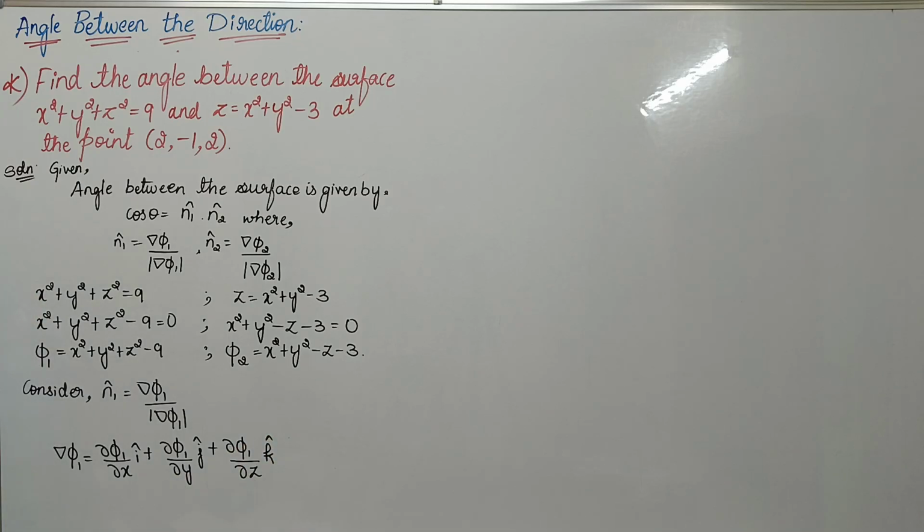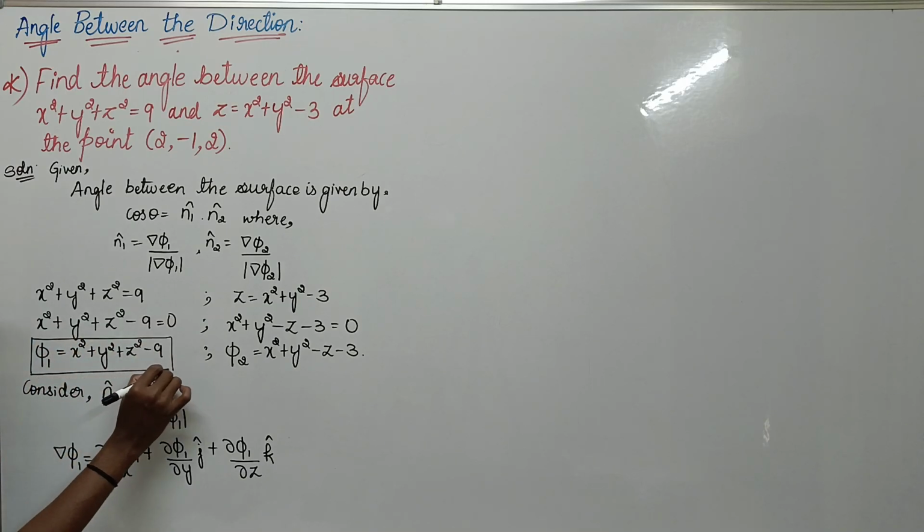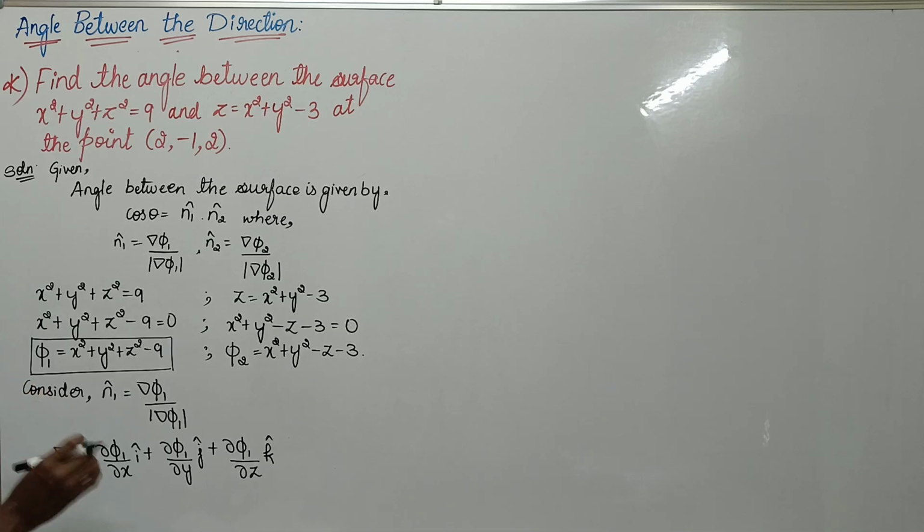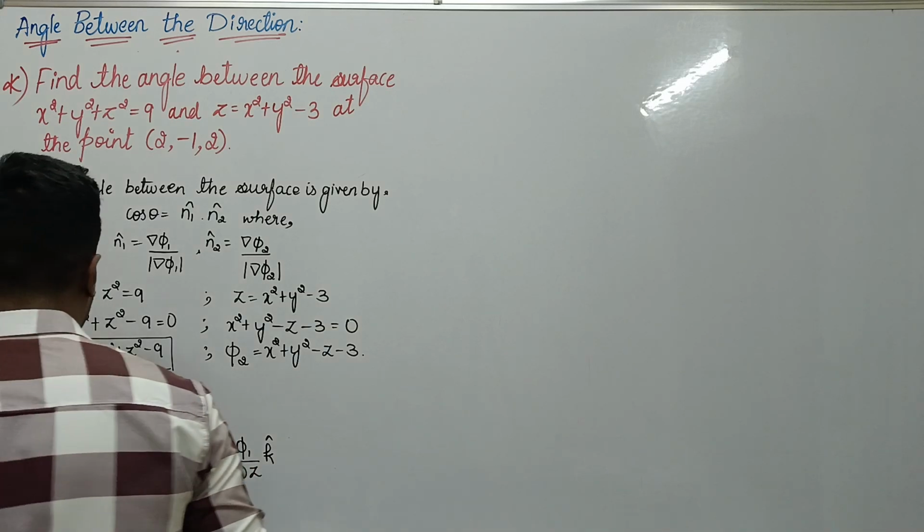That means I need to differentiate the scalar function phi1 with respect to the variables x, y, z along the directions i, j, k. Now let us differentiate.